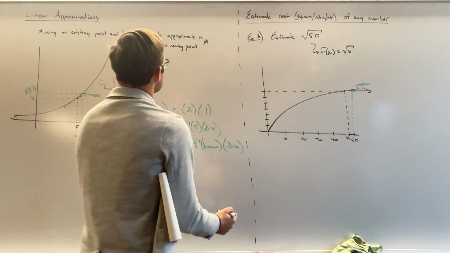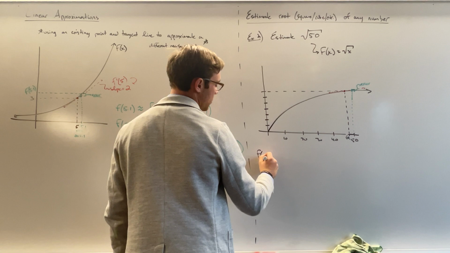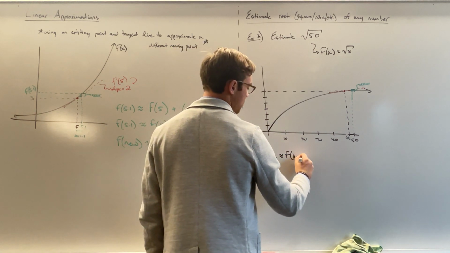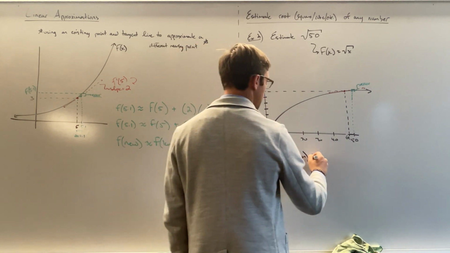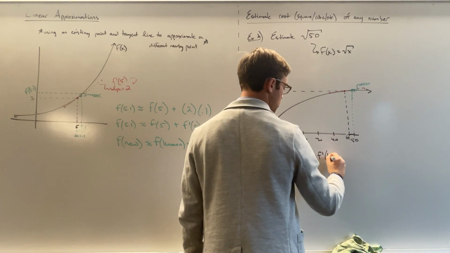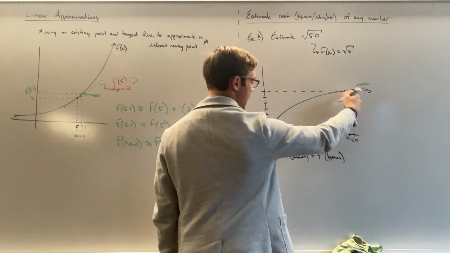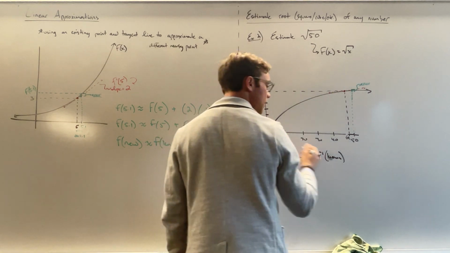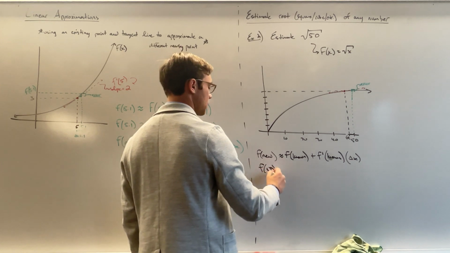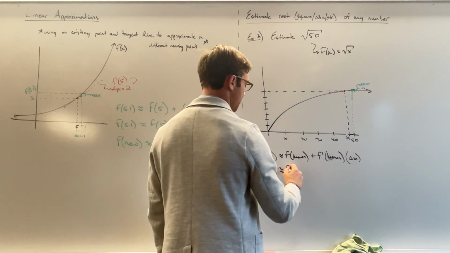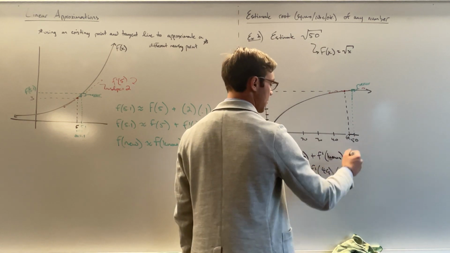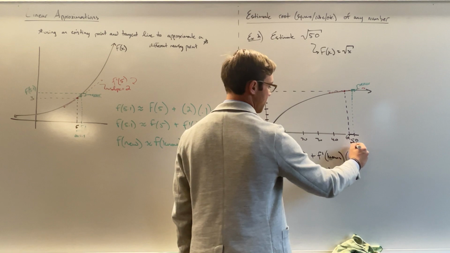You say f of our new point, which would be f of 50, is approximately our known point, plus moving along that tangent line, f prime of known, you're moving along the red line of your known value, 49, times your delta x. So f of 50 is approximately f of 49 plus f prime of 49 times 1, right? Delta x is 1. The difference between 49 and 50 is 1.